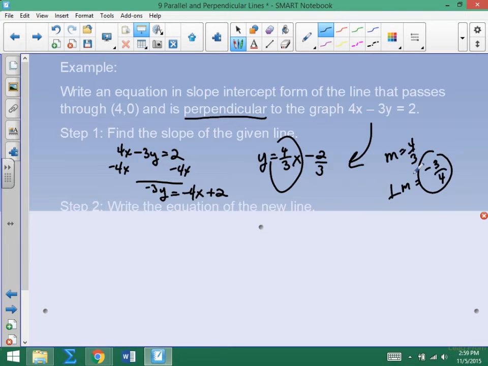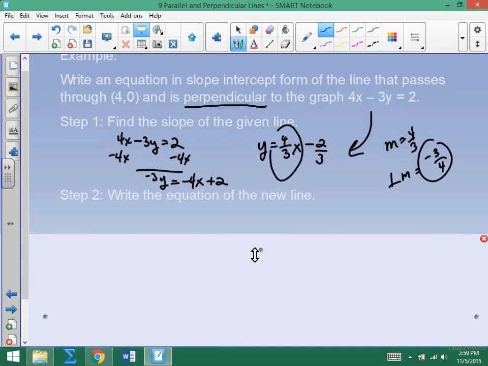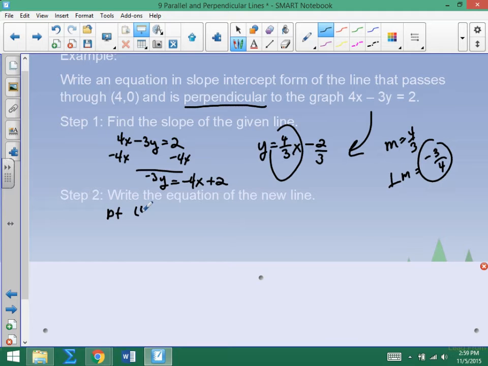Circle that, make a note of it because we're going to need it later. We now need to write the equation of the new line with the point 4, 0 that has now the perpendicular slope of -3/4. So now we have a point of 4, 0 and a slope of -3/4. And that easily goes into point slope form.